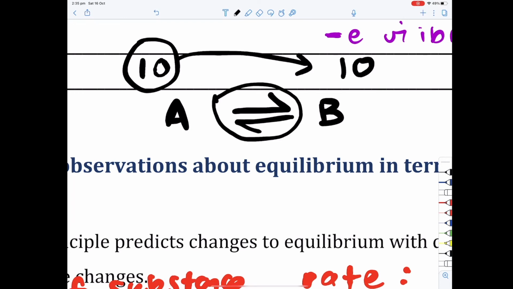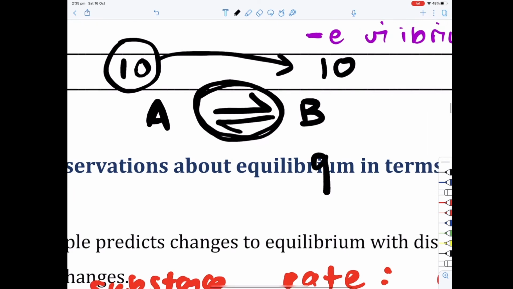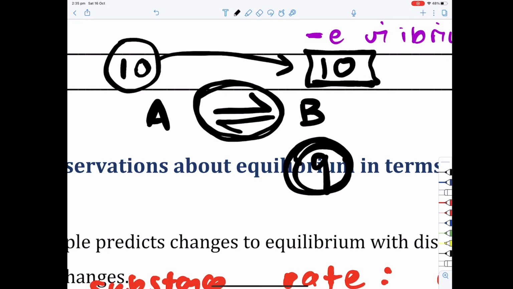But since it's in equilibrium, it'll be very difficult to disrupt the equilibrium so much that we produce all 10 molecules of B. So if I have 9 molecules of B produced, let's say I've changed the temperature and pressure and reaction conditions, the yield we would say is 90%. The amount of molecules of B we produced is 9, the theoretical maximum was 10, so the yield of this reaction is 90%.